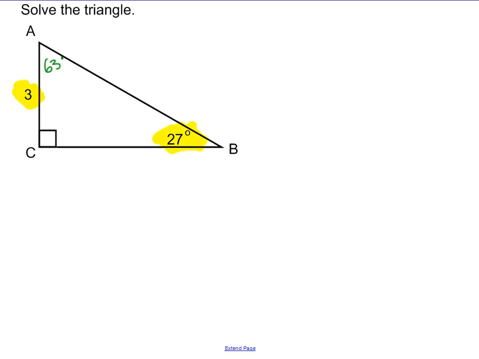It does not matter if you find side A first or if you find side C first. Just pick one. If you want to find side A first, using this angle, this side is opposite of the 27 degrees, and this side, side A, is adjacent, so that would be tangent.